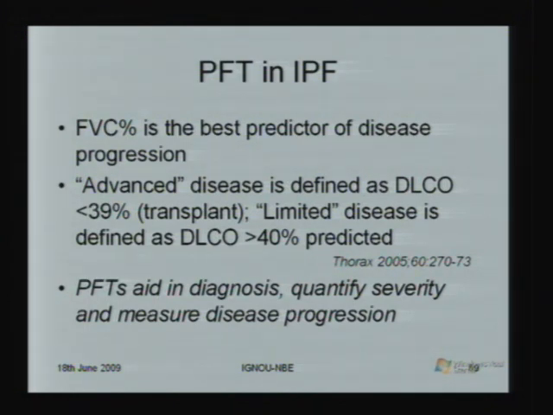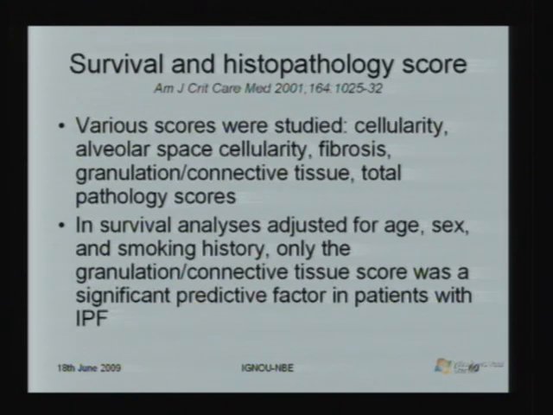Now, what do we find? That the FVC percentage is the best predictor of disease progression. The advanced disease, as defined by a DLCO value of less than 39%, are ideally candidates for lung transplant, and limited disease is defined as a DLCO of more than 40% predicted. So, the PFTs would aid in diagnosis, would aid in quantification and severity, and also would aid in the measurement of disease progression.